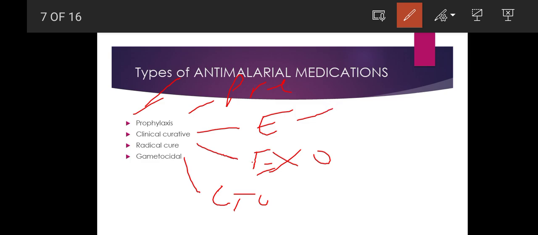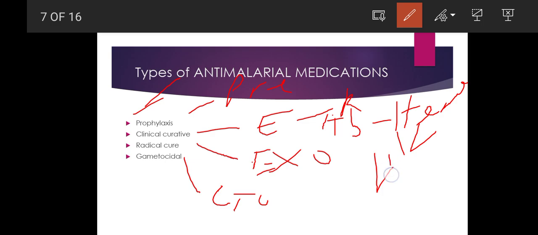So this clinical curative will prevent rupturing of red blood cells by stopping the conversion of hemoglobin to heme and finally to hemozoin. So clinical curative stops the conversion of hemoglobin to heme and stops the conversion of heme to hemozoin.